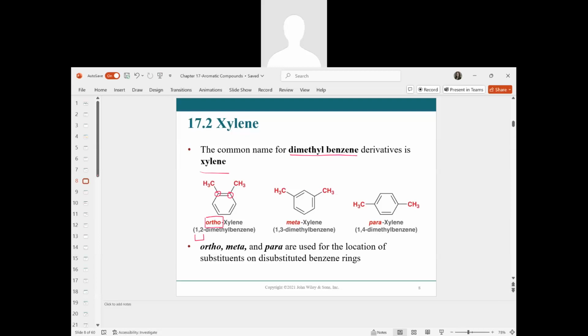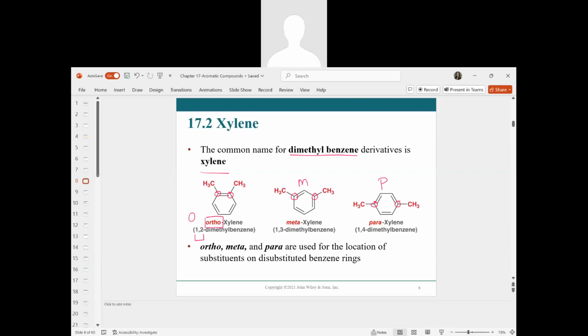Sometimes this is abbreviated o. Then we have our meta-xylene here, where we have a 1,3 orientation of our dimethyl substituents. And if we have a 1,4 orientation, this is referred to as para. So para-xylene or 1,4-dimethylbenzene.